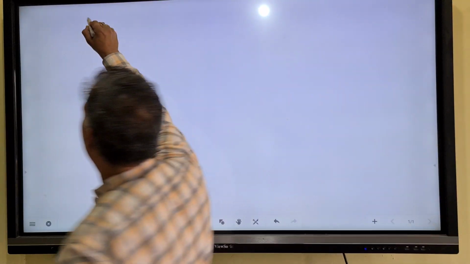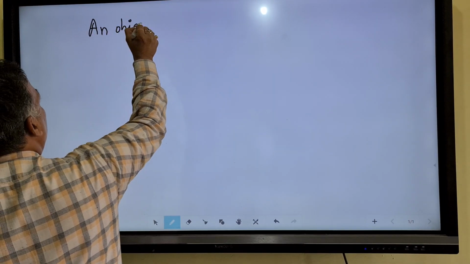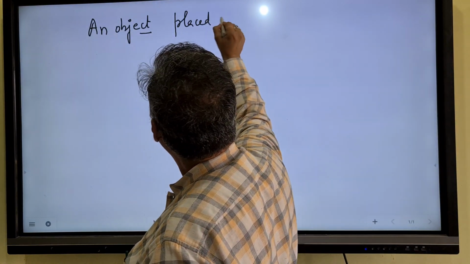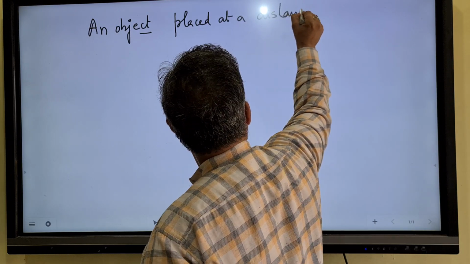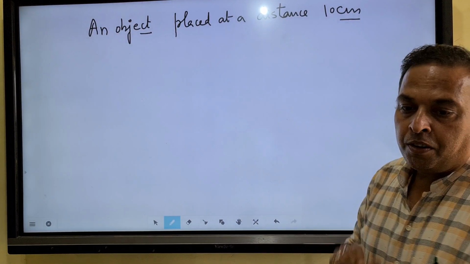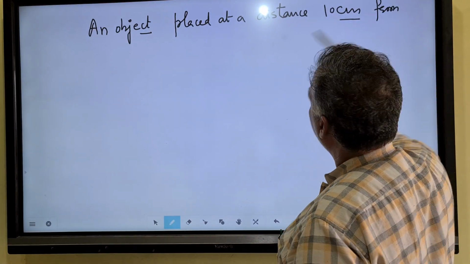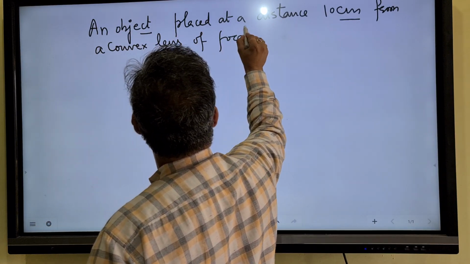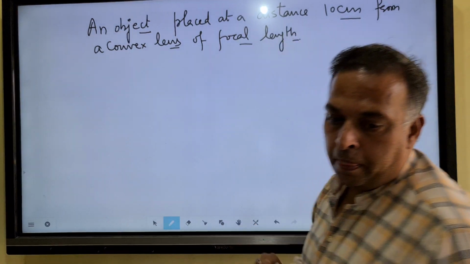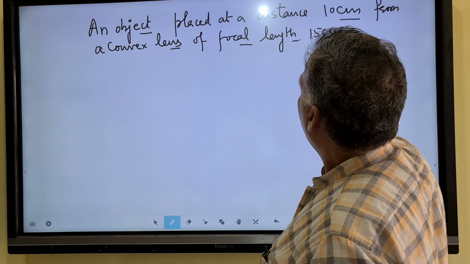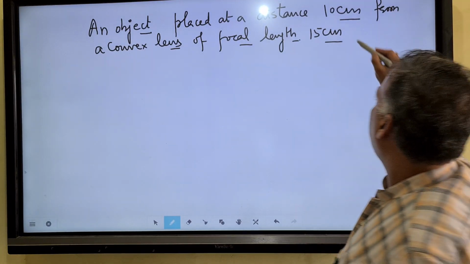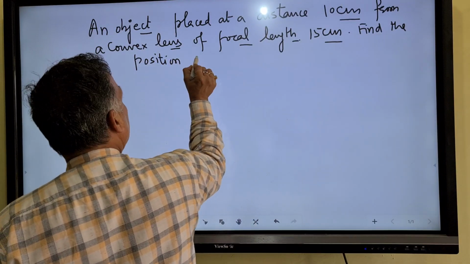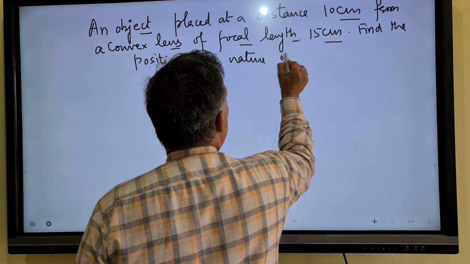An object is placed at a distance of 10 centimeter from a convex lens of focal length 15 centimeter. Find the position and nature of image.